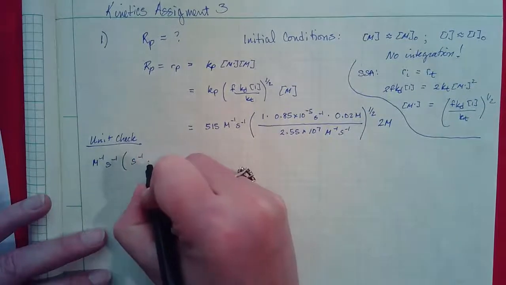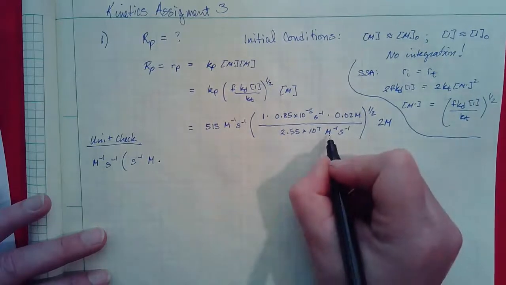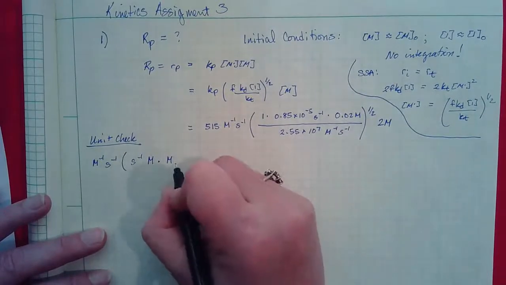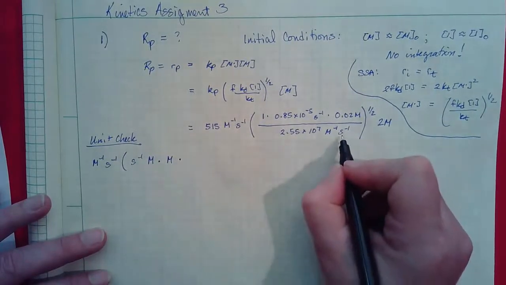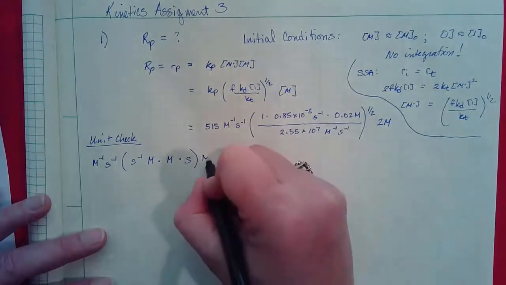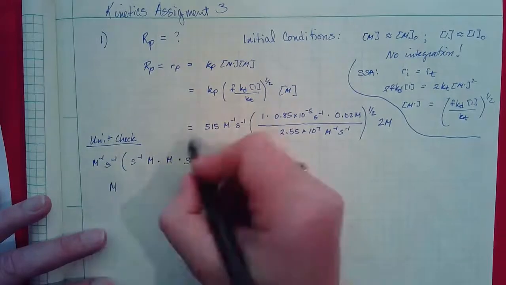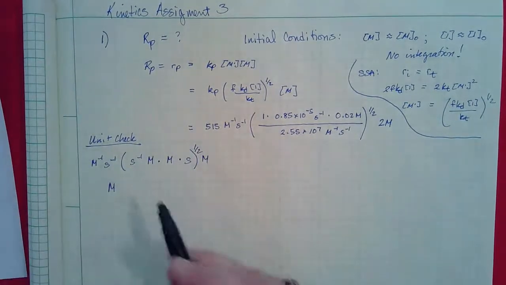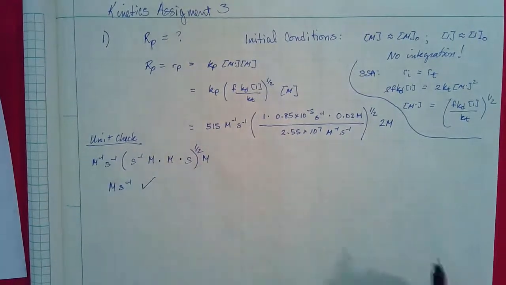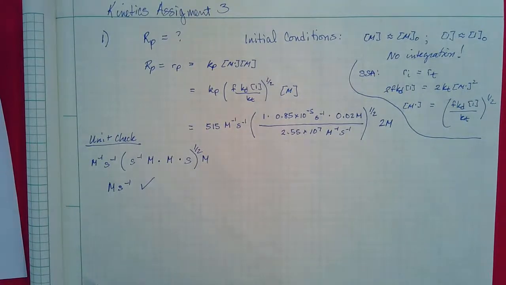So I've got inverse seconds, molar, times inverse, so that's another molar, and then the inverse of an inverse is the straight up molar. Okay, and that gives me, with the 1/2 power, molar per second, which is right, because all of our rates should be in concentration per unit time.